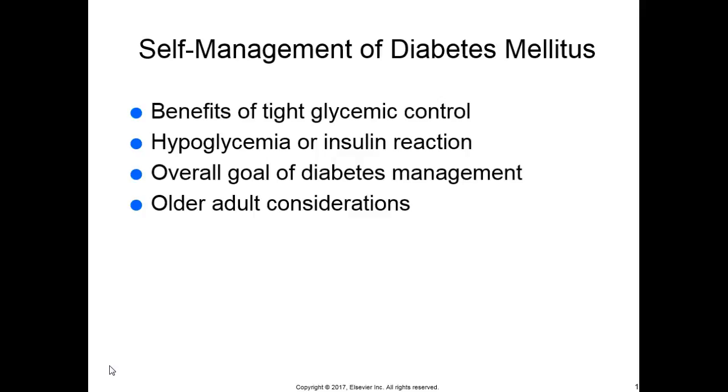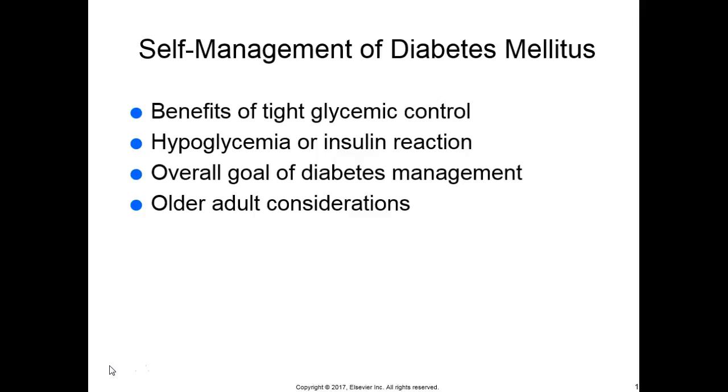Again, older adults will experience hypoglycemia more quickly than younger people, so they're not really candidates for tight glycemic control. You need to really monitor older patients for signs and symptoms of low blood glucose.